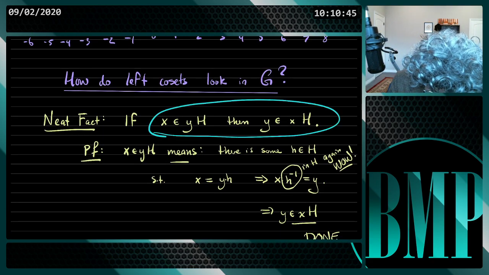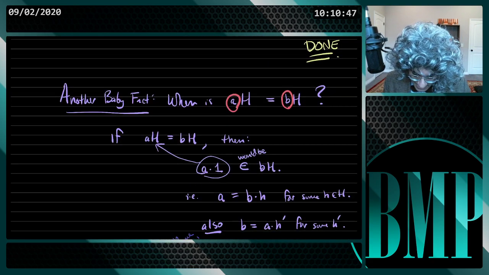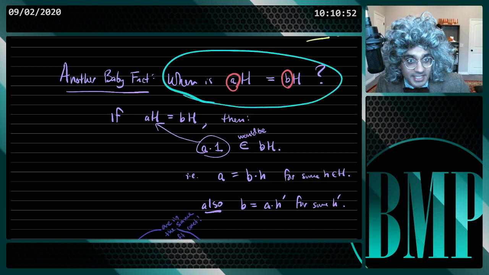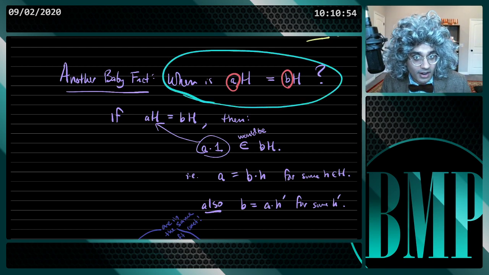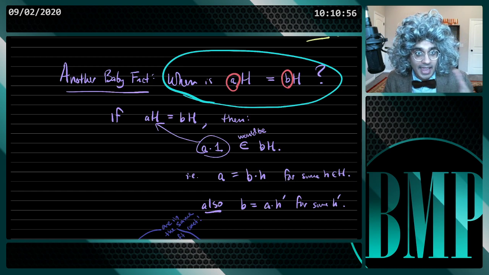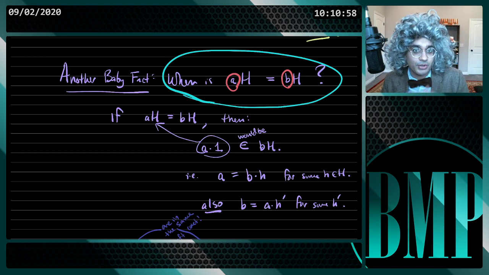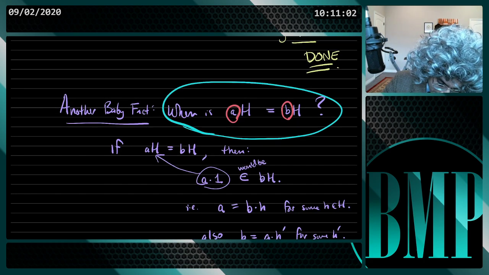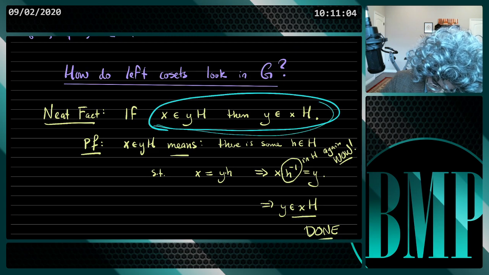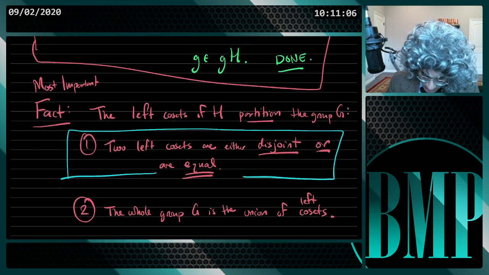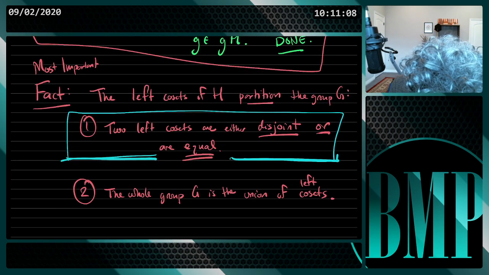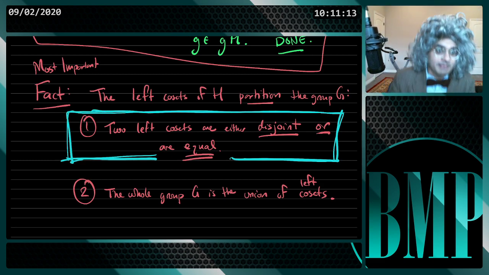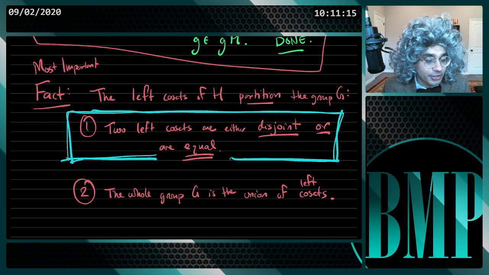Combine this one and when are two cosets the same? It's exactly when A is B times some element in H, or B is A times some element in H. So you combine this baby fact with this baby fact, and I want you to prove number one using those two facts. Okay? It's a simple exercise to do that.